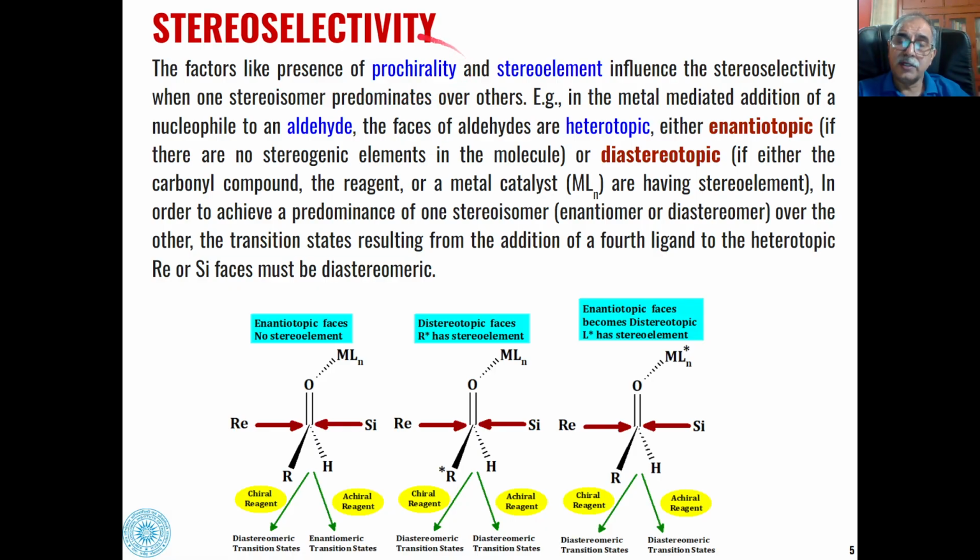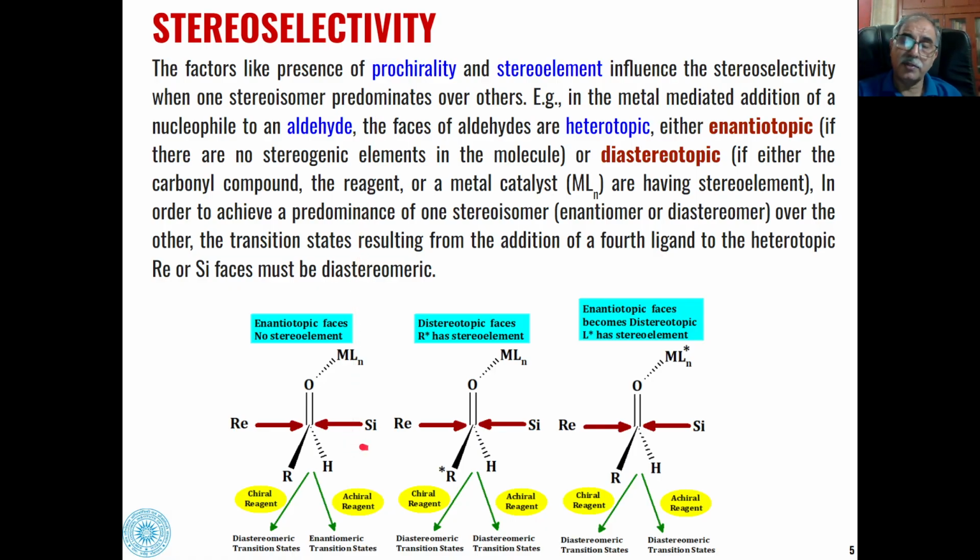So when there is prochirality present in the molecule, or a stereo element is already present in the molecule, then there is a possibility of formation of one stereoisomer in a greater amount than the other stereoisomer.